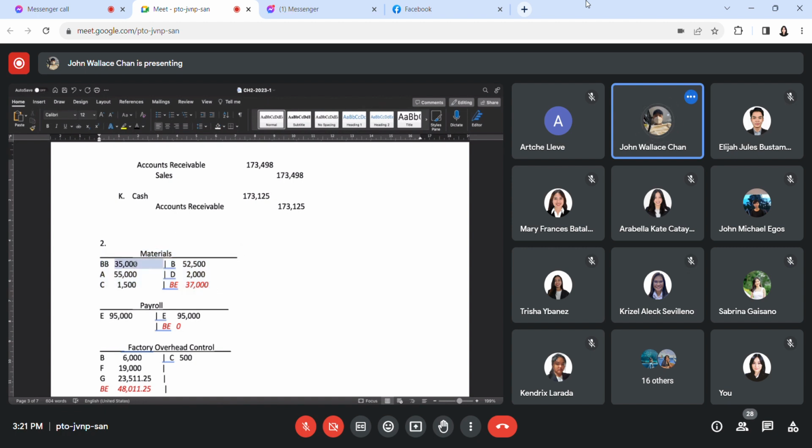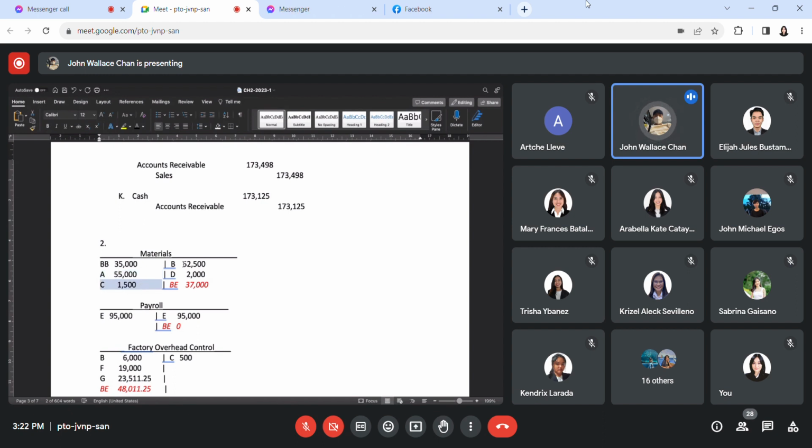So here. And then for transaction A, what happened? We acquired supplies, so we debit that. For transaction C, we returned materials to the stock room, so we also debit that.